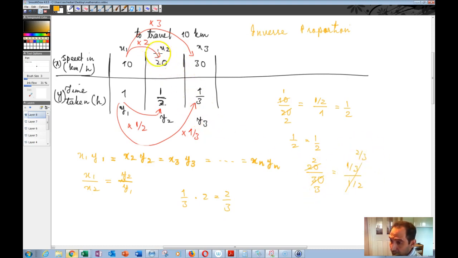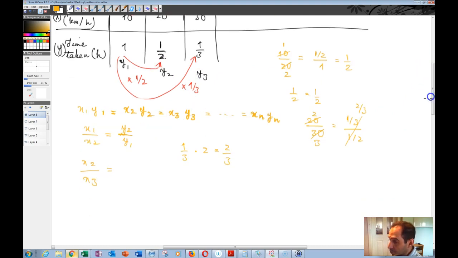So then you can say that x2 to x3 over here is the same thing as y2 to y3. So in the case of a direct proportion, I would write this as x2 to x3 is the same thing as y2 to y3.